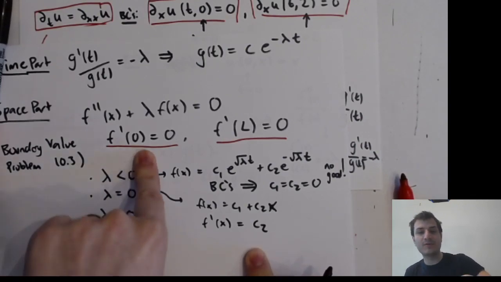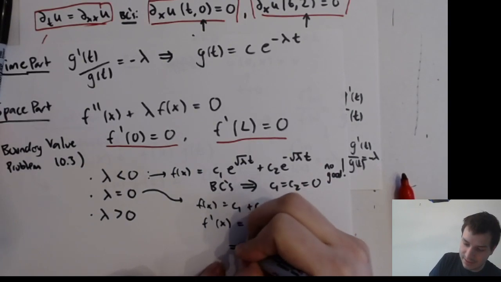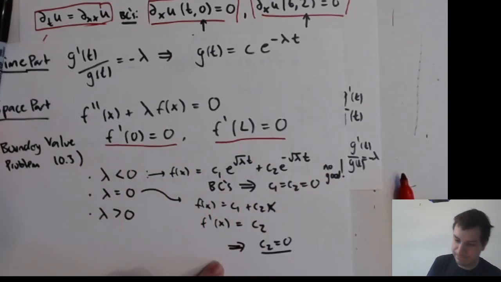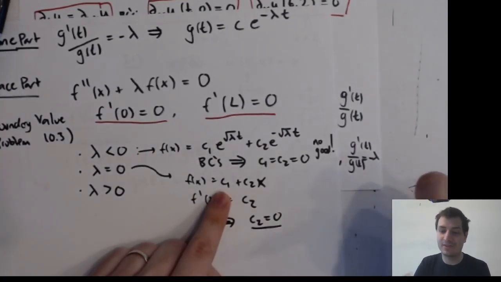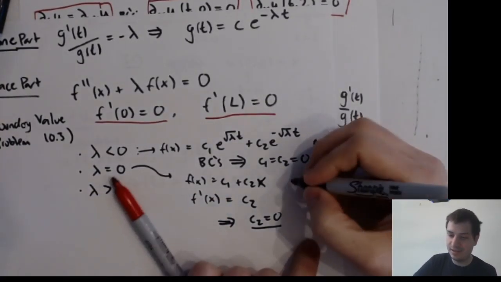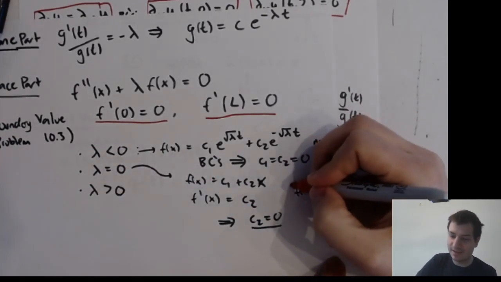Saying the derivative is 0 at 0, or 0 at L, means c2 equals 0. But that's not the 0 solution. That just leaves f of x equals c1.